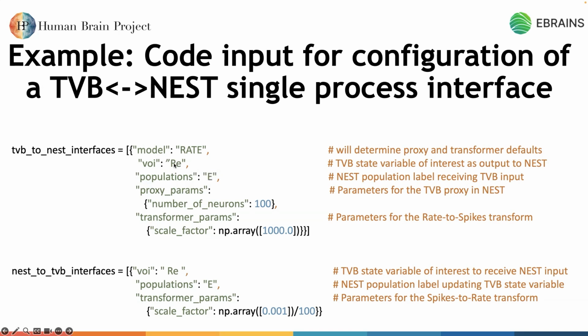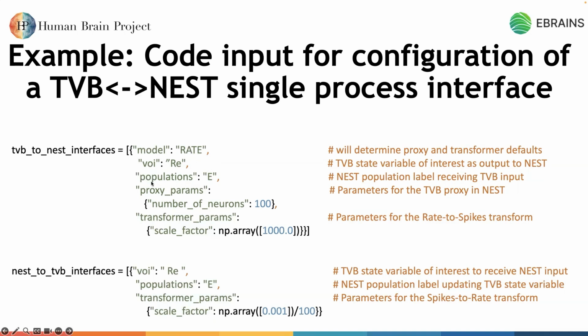We need to tell the interface that, hey, you need to take the rate of the mean field and somehow send it to this as a coupling input to these populations in the spiking network. And then we need to define a model. What should that quantity be? For instance, if you say that this is a rate, it means that we're going to send rates, but it could be also currents, or it could be spikes, in which case you would have to generate the spikes in the transformer.